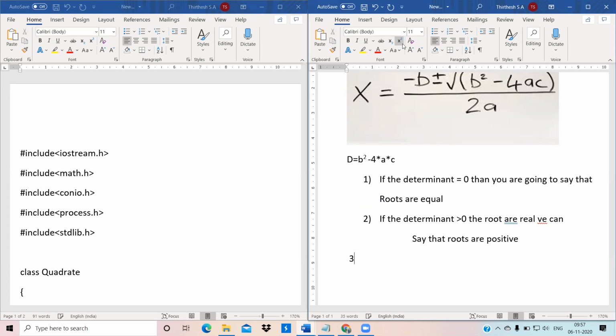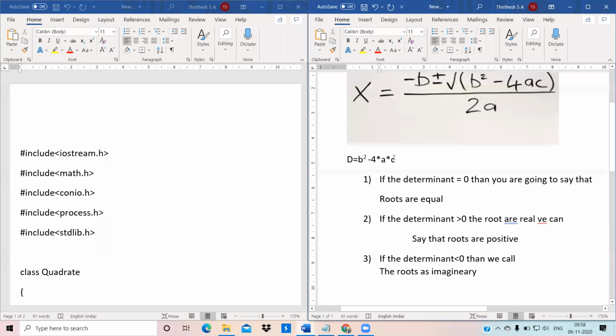Then the third condition tells you that if the determinant is lesser than 0, then we call the roots imaginary. This is what the condition is.